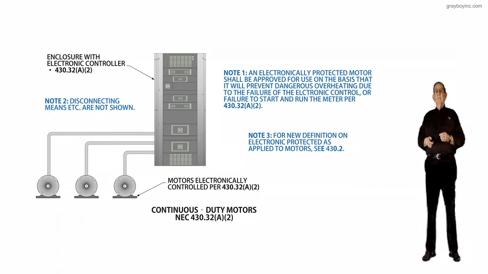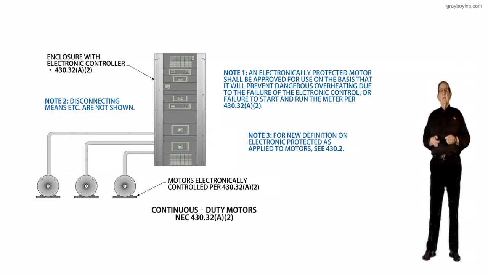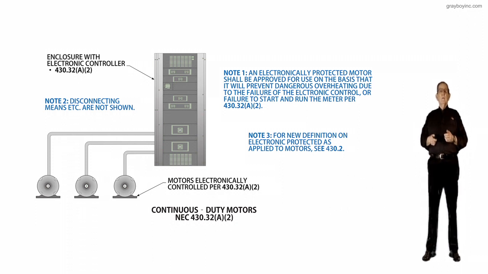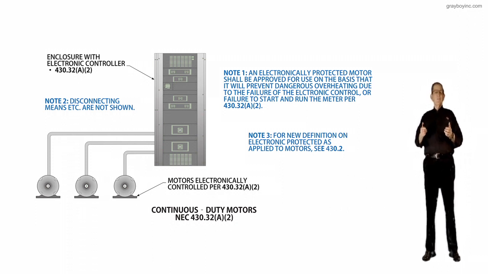I would like to review Note 2, because the disconnects to the motors are not shown within 50 feet of the motor, as required by within sight, inside of, etc. in Article 100.